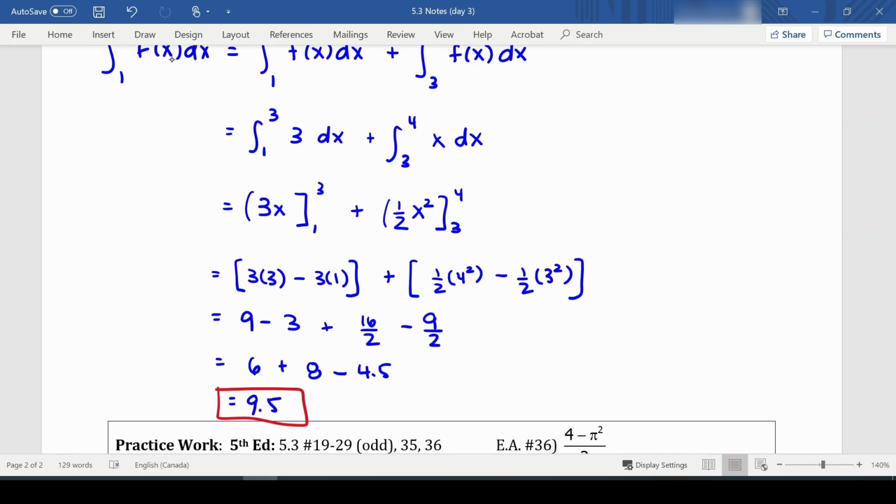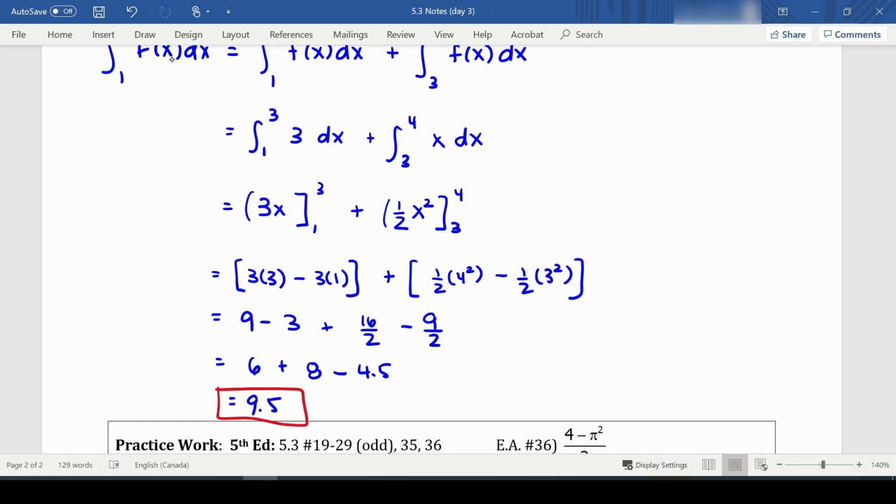Okay? The next thing you need to check for a piecewise function is if you are switching pieces somewhere in that interval, you need to write your integral as two separate pieces, one for each piece of the piecewise function, and your bounds will be whatever section of your piecewise function you're in.